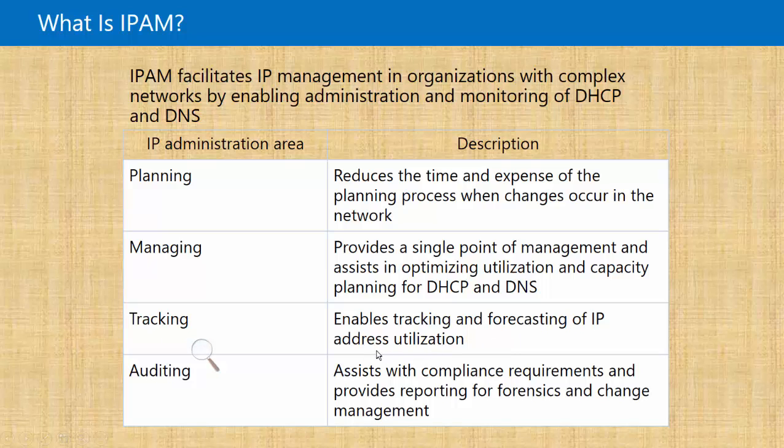It enables tracking and forecasting of IP address utilization. So what is the next available IP? What is the next IP that is available for use right now from our static scheme as well as our dynamic scheme? Especially this is good for our servers environment. Normally we are maintaining Excel sheets with static IP addresses.